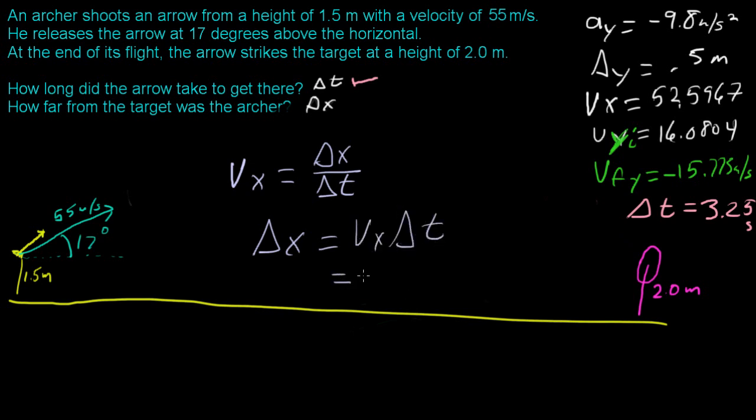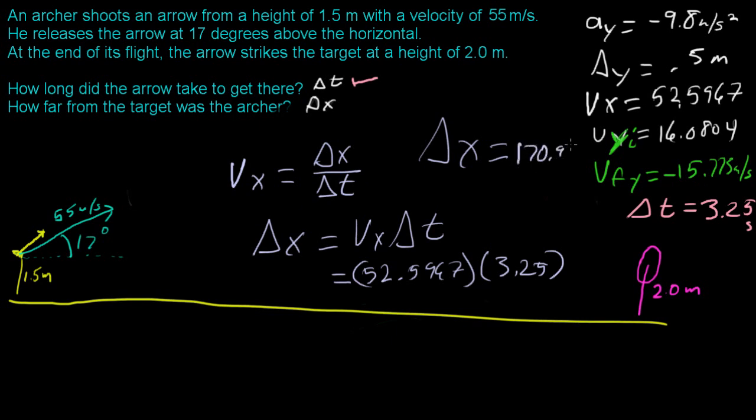Okay, so Vx is 52.5967. t is 3.25. So delta x is going to equal about 170.94 meters.